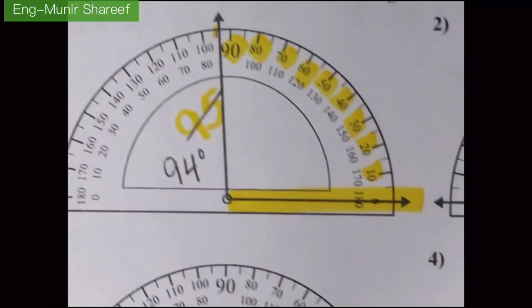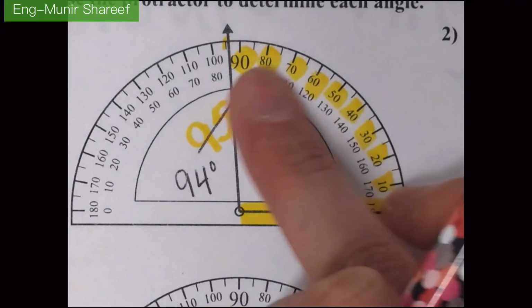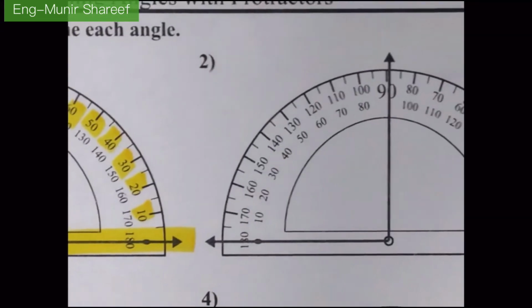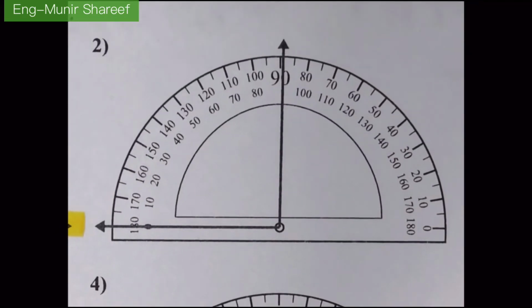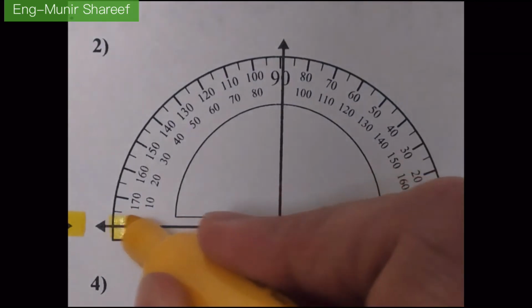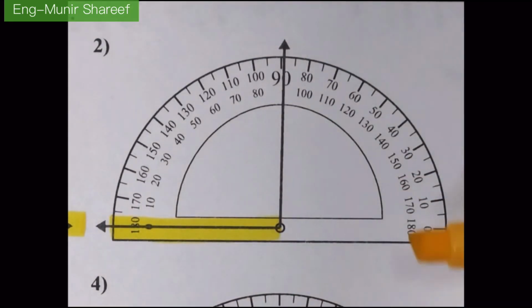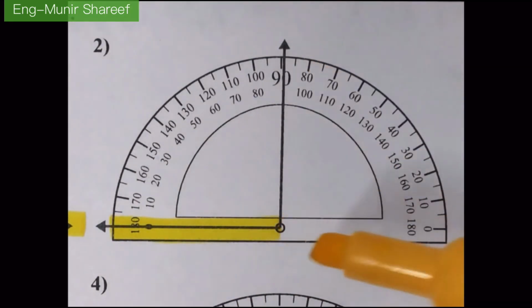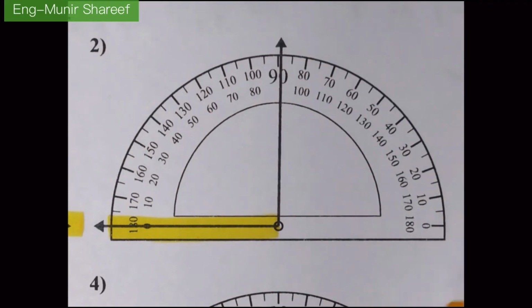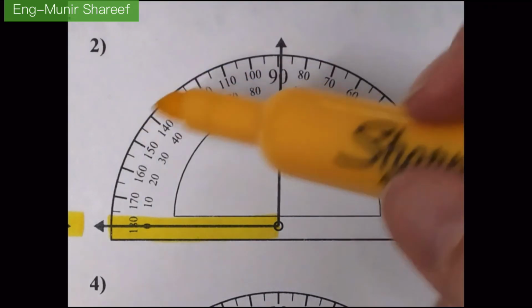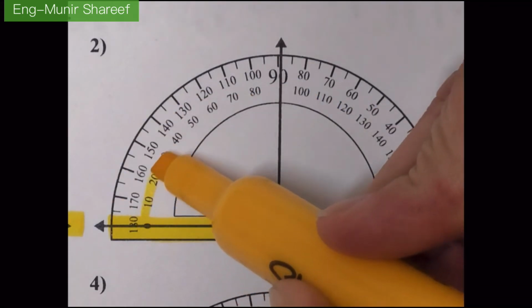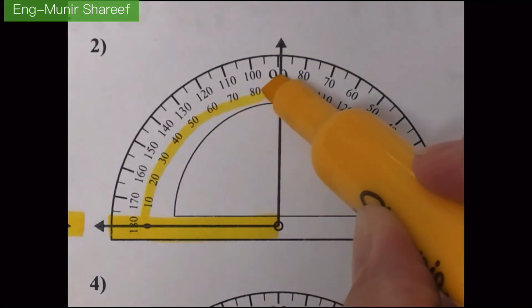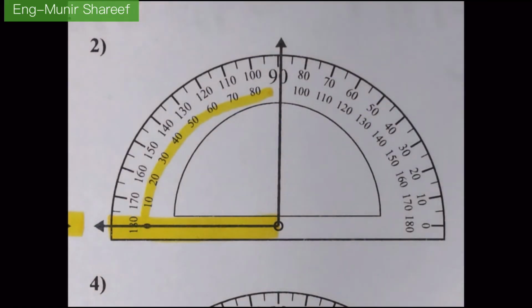You might notice that this angle opens up this way to the left, and this angle opens up the other way to the right, and that's okay. We're still going to find the part of the angle that starts at 0, which this time is over here. And again, it looks really close to a 90-degree angle. Let's go ahead and count up by tens. This way the tens are over here. 10, 20, 30, 40, 50, 60, 70, 80, 90.